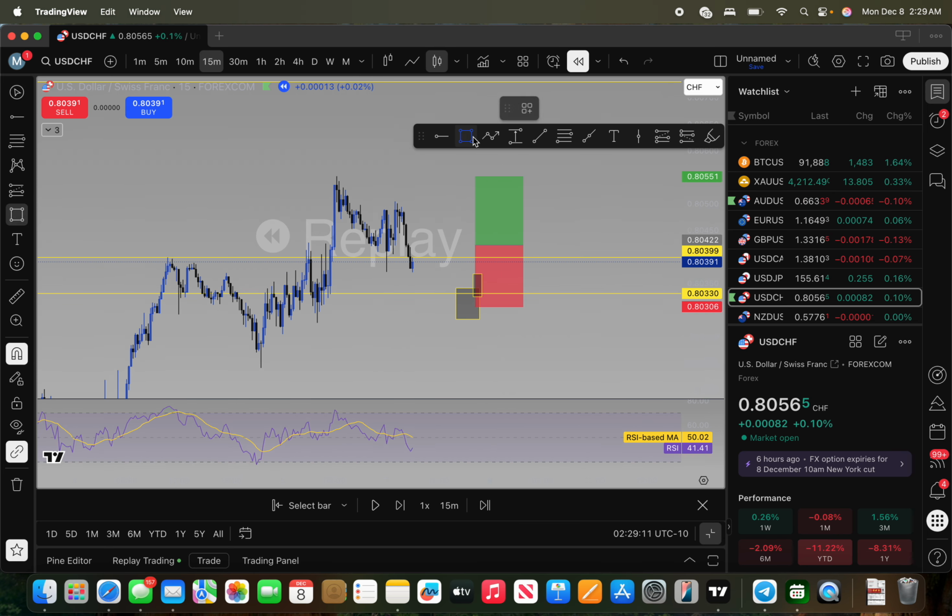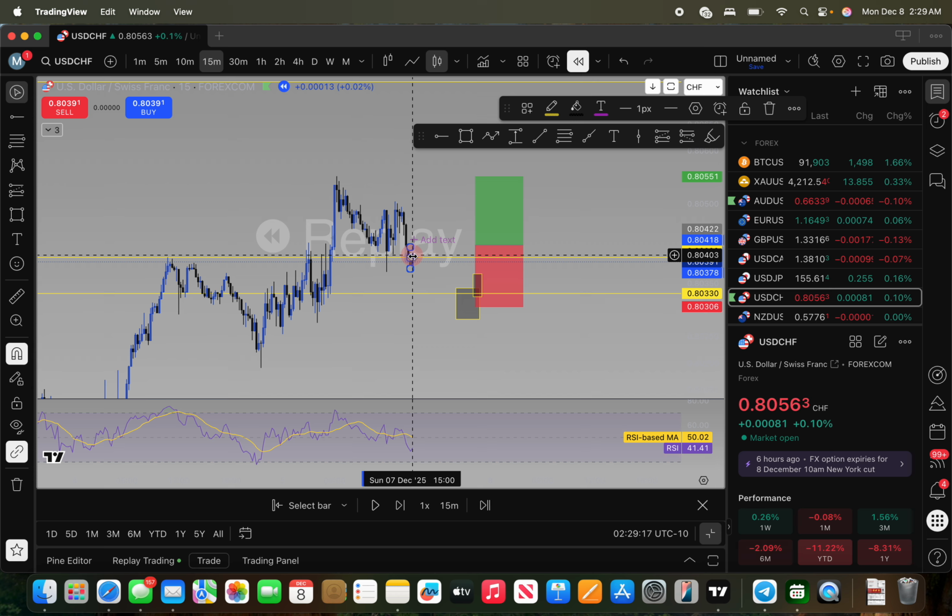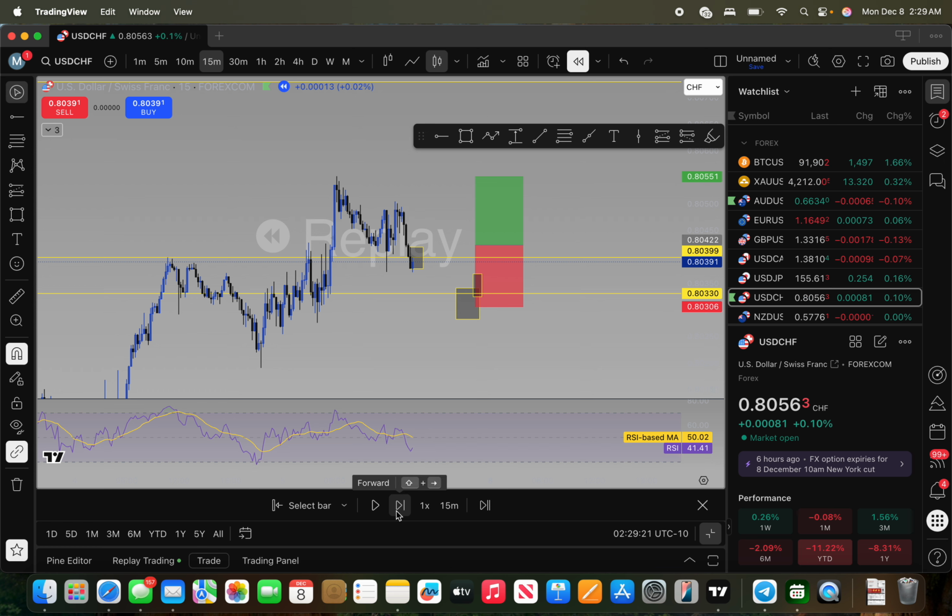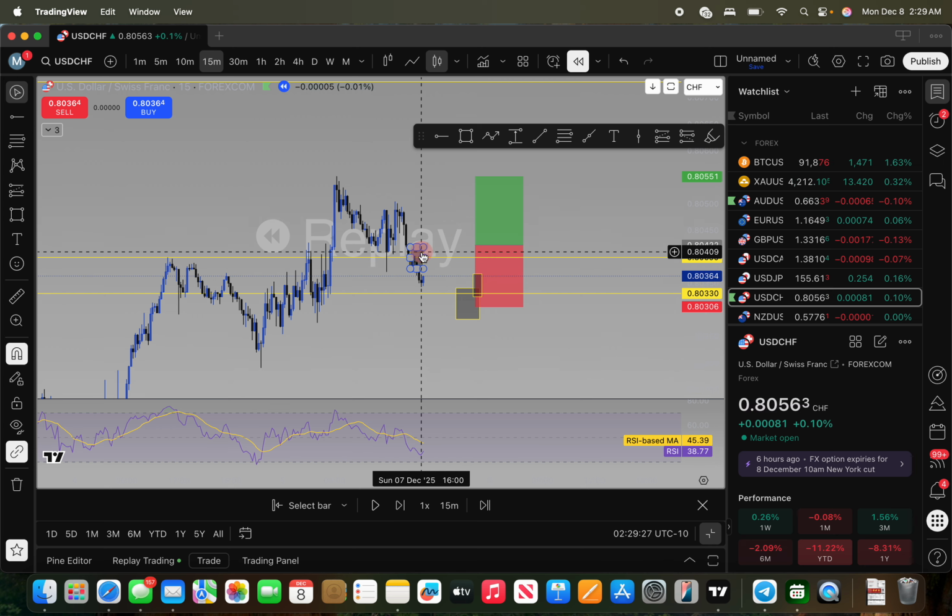Now we start marking the theory candle. This was the first theory candle, and then we keep going, and then it closed under again.